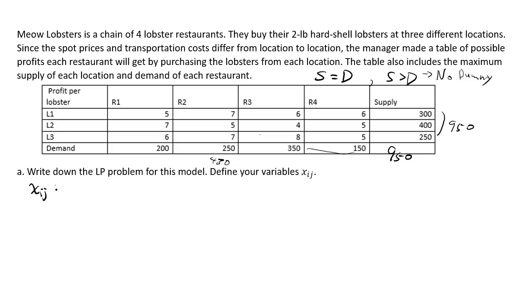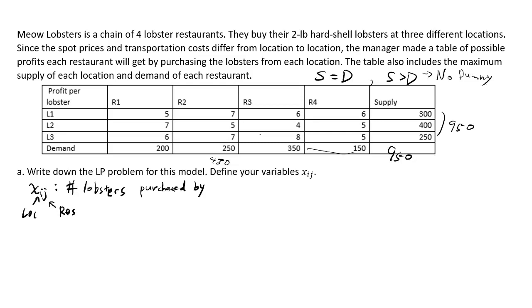Now we used to put numberings like 1, 2, 3, 4, 5, 6, and so on, and put that xij as number of lobsters purchased by L, the location to the restaurant. So the first number should be the location, and the second number should be the restaurant.